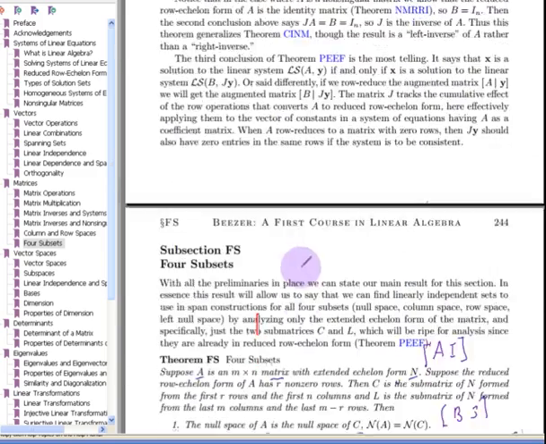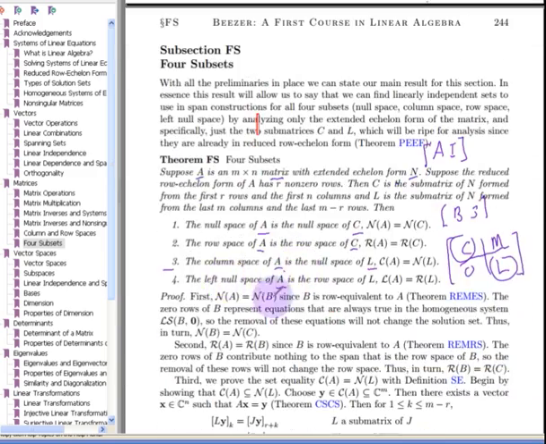The fourth one says the left null space of A, which is the same thing as the null space of A transpose, is the row space of L. So these first three can follow pretty quickly. This fourth one is somewhat involved. The proof takes a couple of pages, and I don't really think it's worth proving. It's nice to have a complete set of equations here, but for our purposes, since the left null space is not very useful, I'm not going to bother going through this proof.